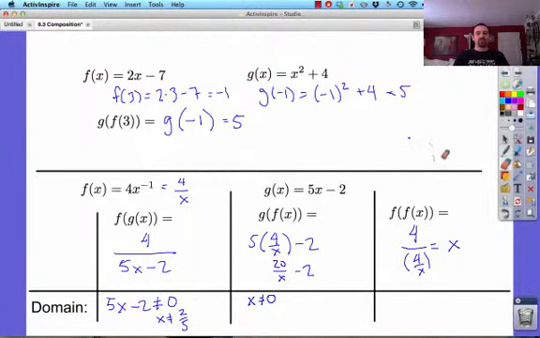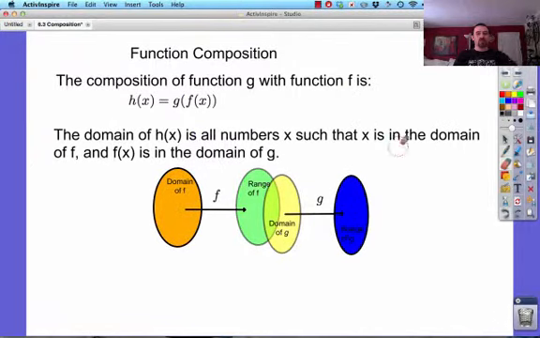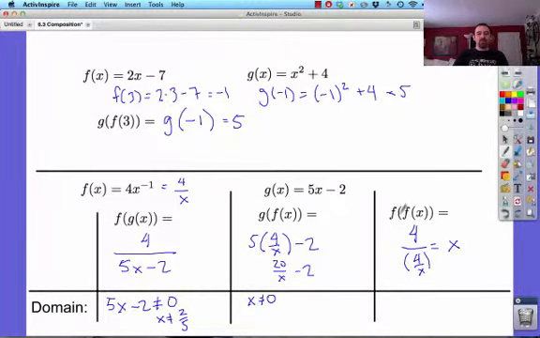We have to look at the definition of composite functions. Let's go back and look at it. The domain of your composite function is all numbers such that x is in the domain of the inside function, and whatever my output is is in the domain of the outside function. Well, the domain of the inside function is all real numbers except for 0.